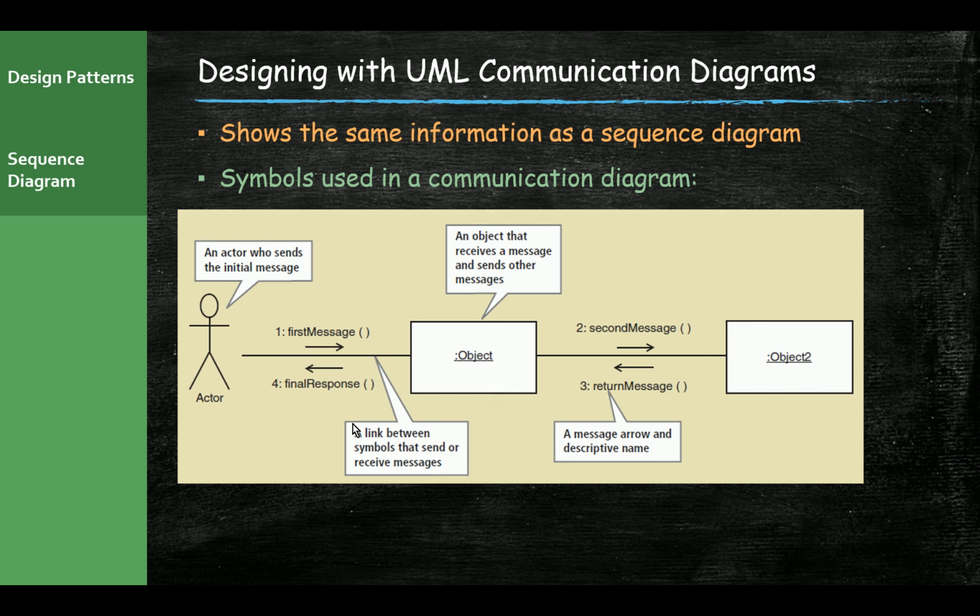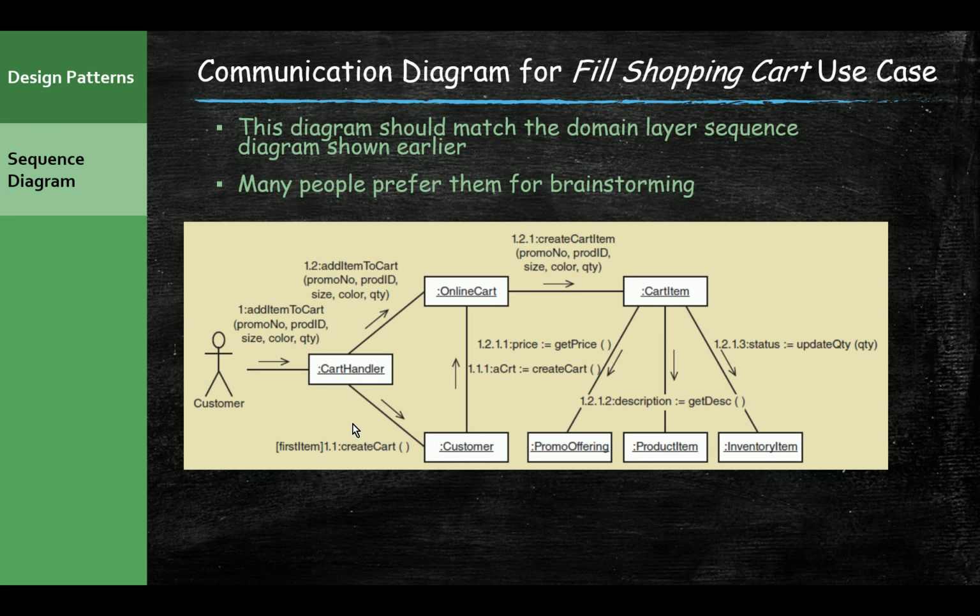It's a little bit redundant. It shows the same thing your sequence diagram shows, only it doesn't typically show it over time, and it's usually between only a few objects. You would normally do this for particularly complex interactions between different classes. Here's another example, again taking your fill shopping cart use case and showing it as a communication diagram.